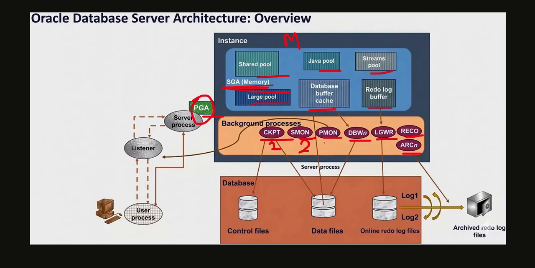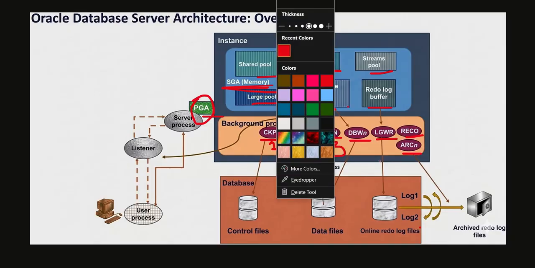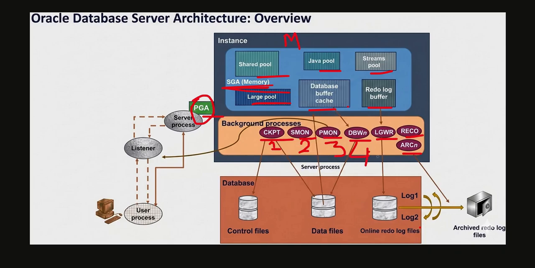Third is PMON, the process monitor process. Fourth is DBWN, the database writer process, or we can say DBWR. We will explain what DBWN and DBWR are later on. Number five will be LGWR, and then RECO and archive logs. RECO means recovery, and then archive logs.